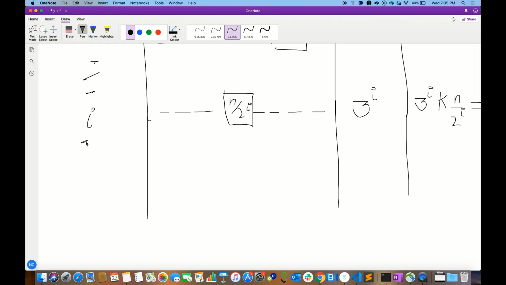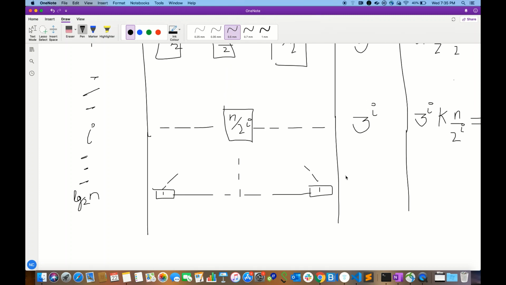Similarly, at the base level with height log n with base 2, it will have one element in each node, and the number of nodes here will be 3 to the power log n base 2.